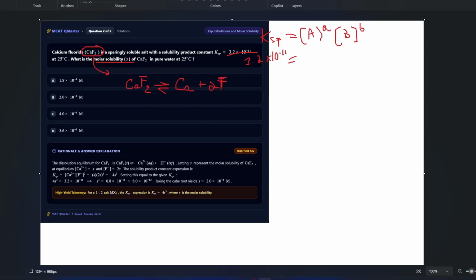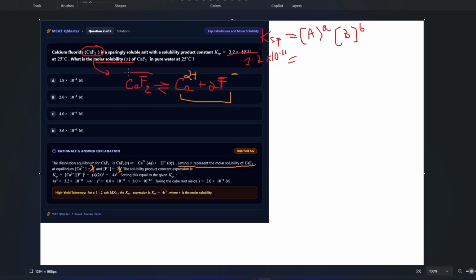You should know that Ca would be positive and fluorine would be negative, and to have this balance, this would have to be 2 to be neutral. So letting S represent the molar solubility of CaF2 at equilibrium, I'm not going to use S, I'm going to use X because that's the way I learned it, but you could use it any way you want.